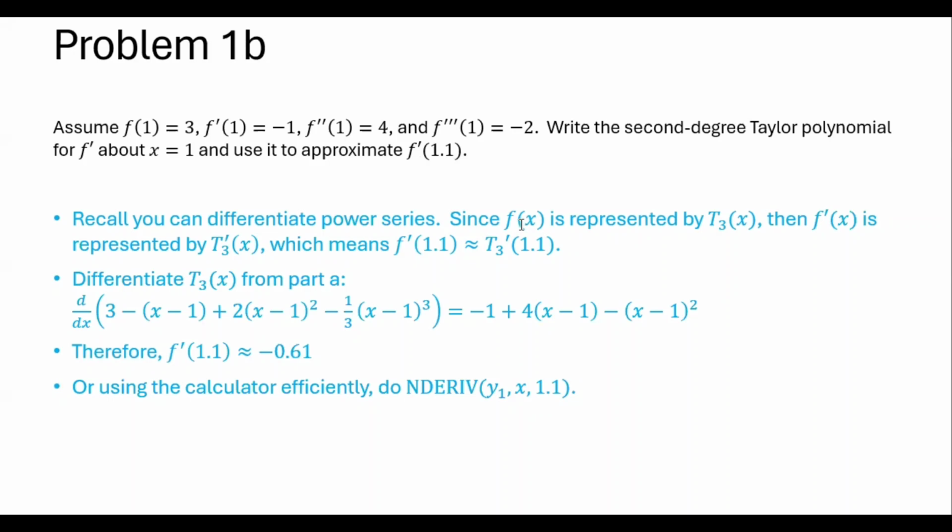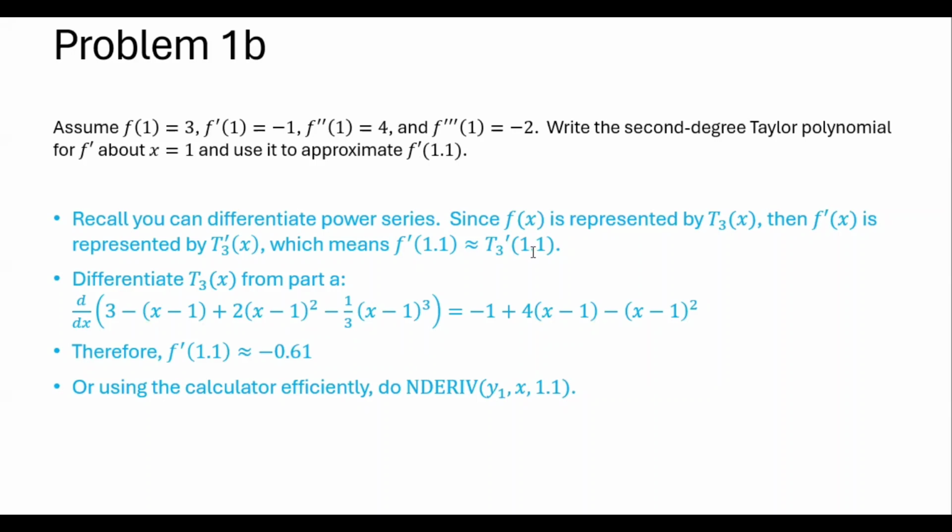So if we differentiate T3, so T3 prime, that will be the Taylor polynomial for f prime. So that means f prime of 1.1 is approximately equal to T3 prime of 1.1.